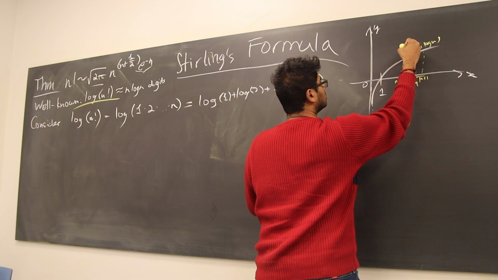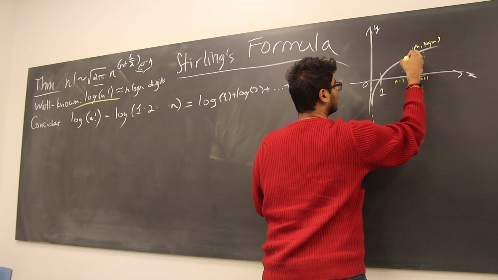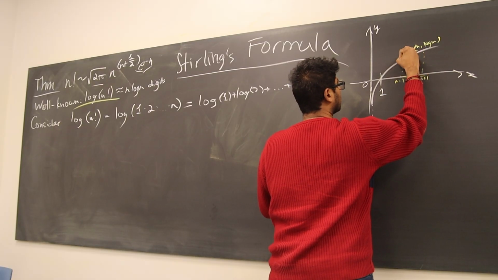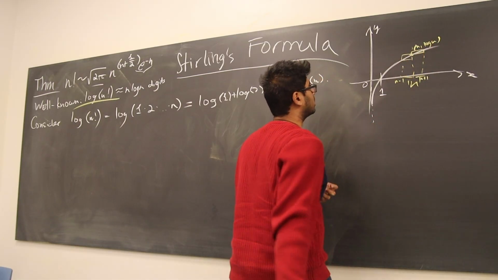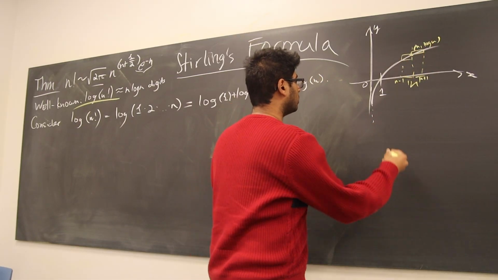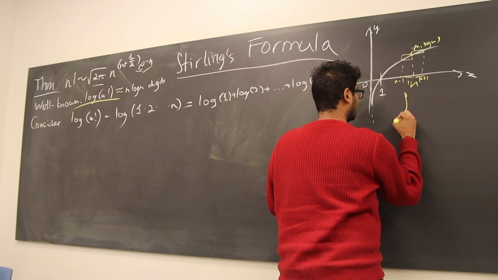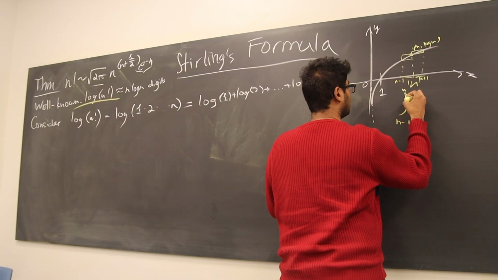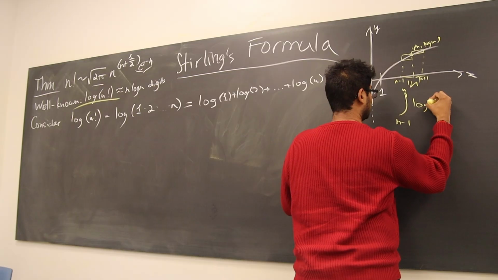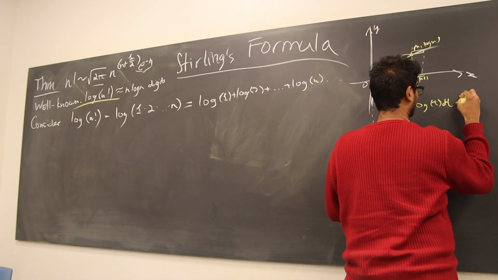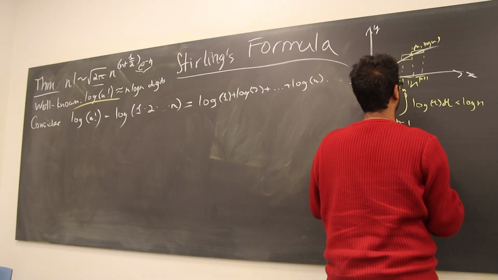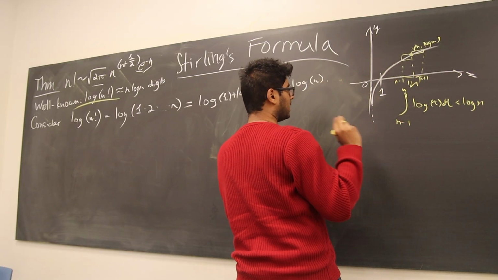The idea is we're just gonna take integrals and compare them to log of n. So if I take the integral from n minus 1 to n of log t dt, that's going to be less than log n, just because the max is log n and it's spanning length 1.